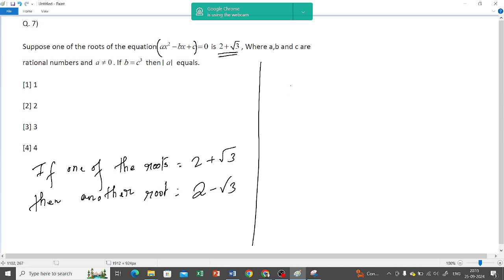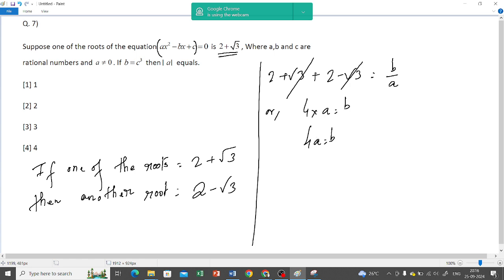So that means 2 plus root 3 plus 2 minus root 3 is b by a, right? Yes, sir. Root 3 gets cancelled out, 4 into a is equals to b. So 4a is equals to b.